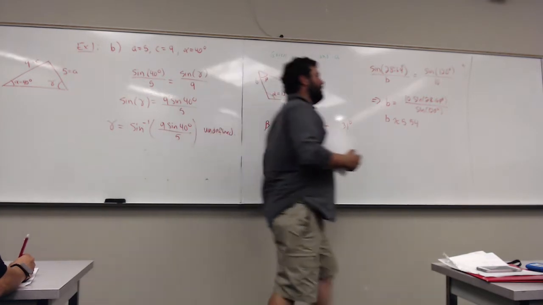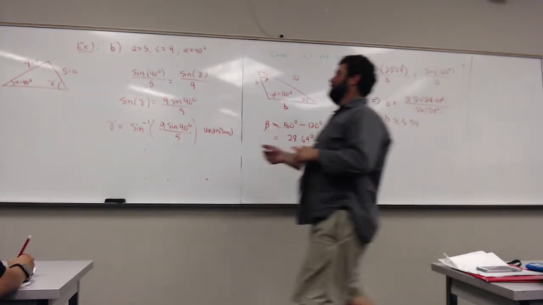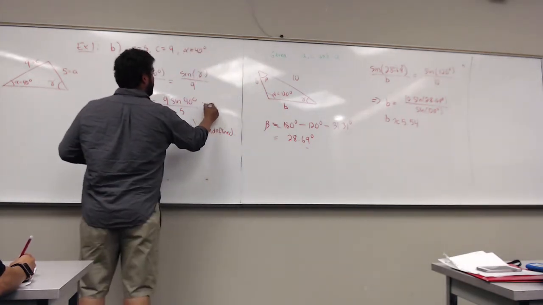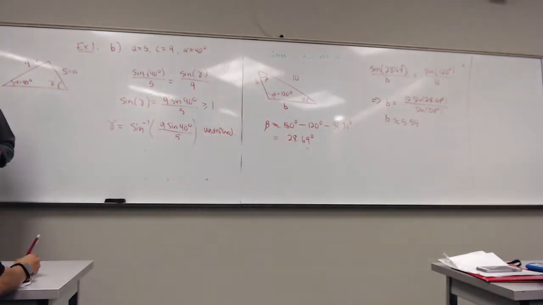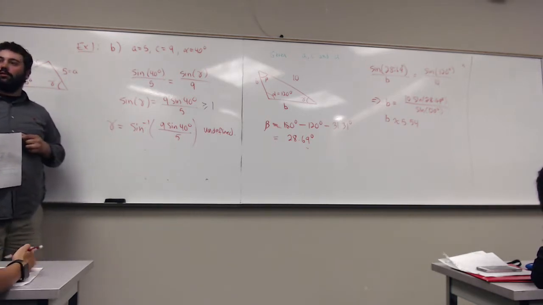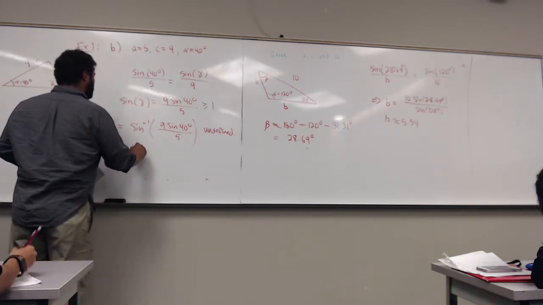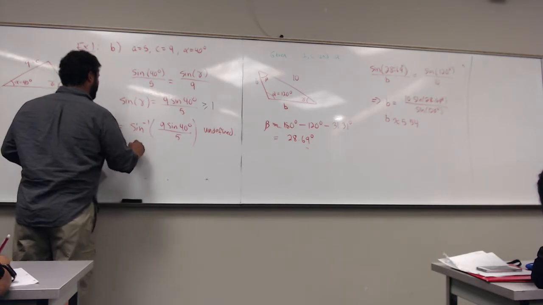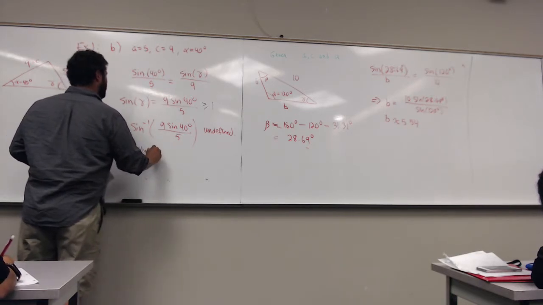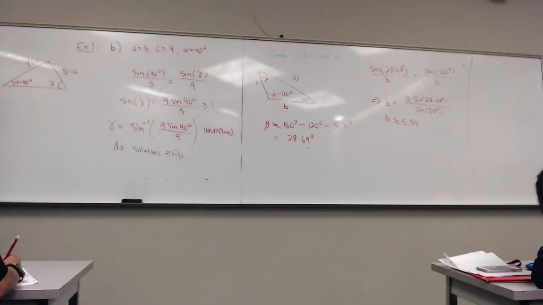The problem here is that this expression is greater than +1. So when you plug it into sine inverse, it's not in the domain, so you get a domain error. So no triangles exist in this one. No solutions exist. And that's the easy one, right?